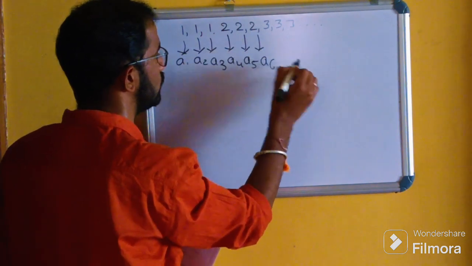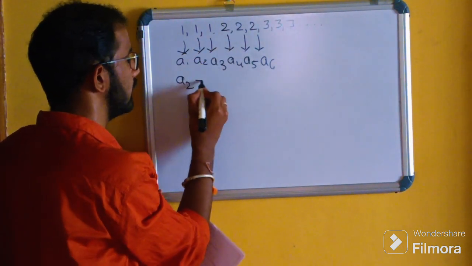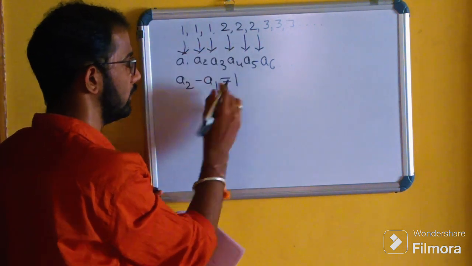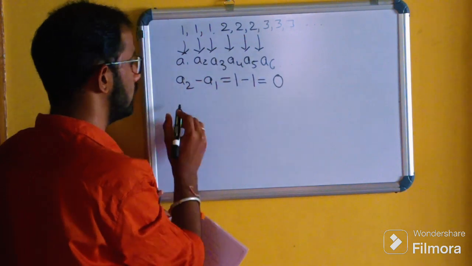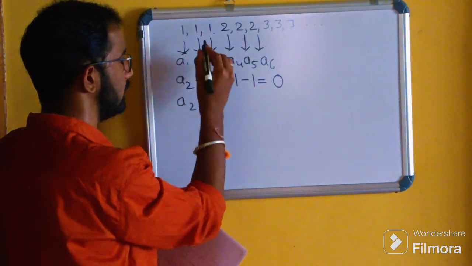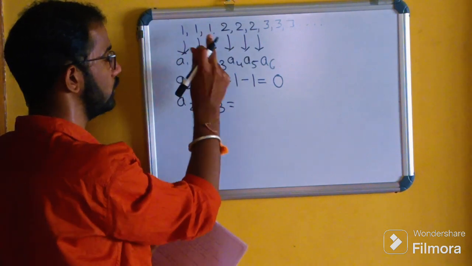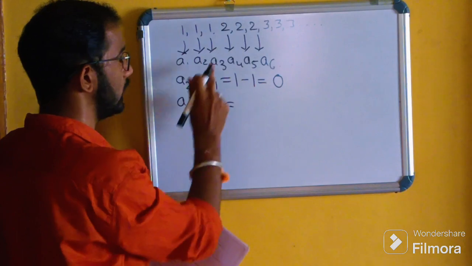The next one is 1. See here, the differences between the first two consecutive pairs are the same, so up to there it forms an arithmetic progression. But the next difference between these two terms is 1.